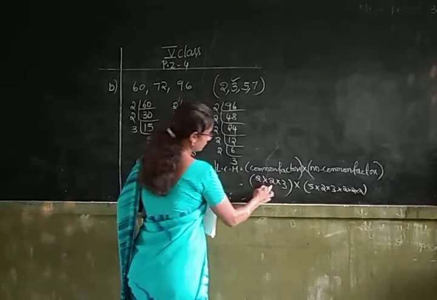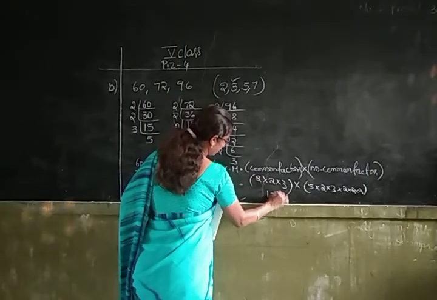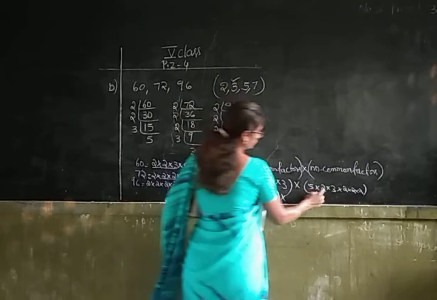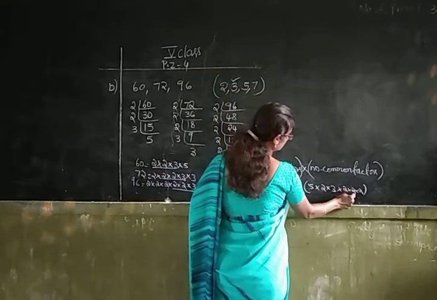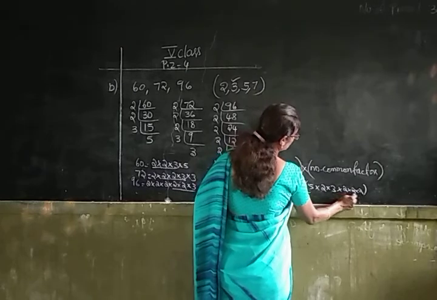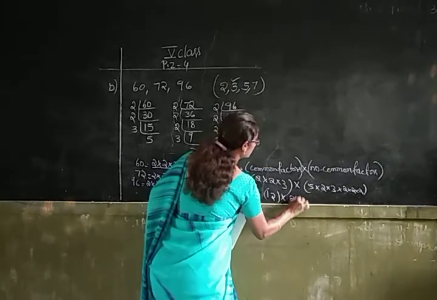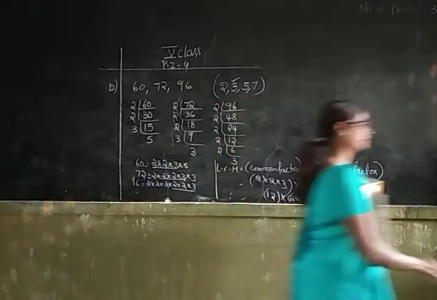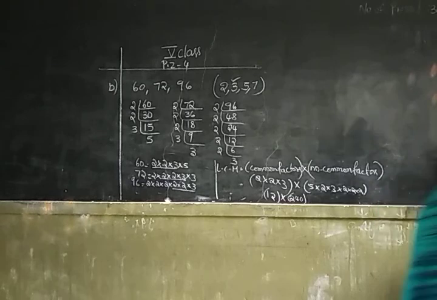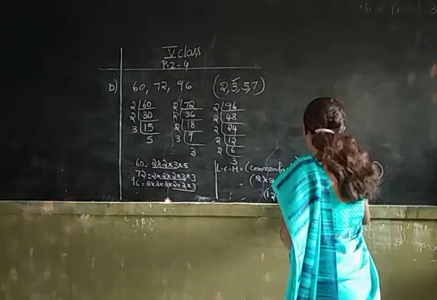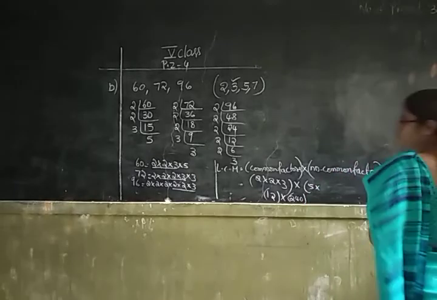2 2s are 4, 4 3s are 12, 12 5s are 60, 60 2s are 120, 120 2s are 240. Okay children.